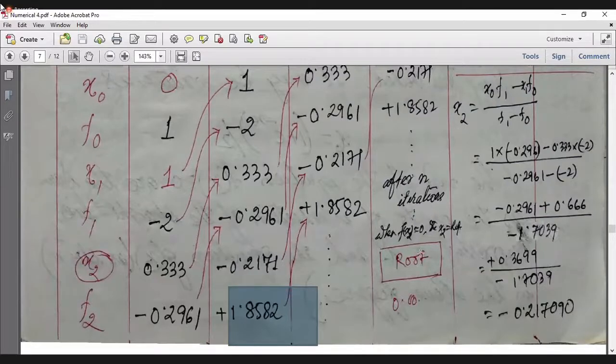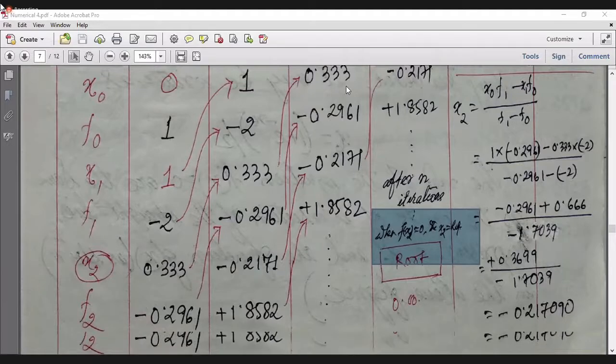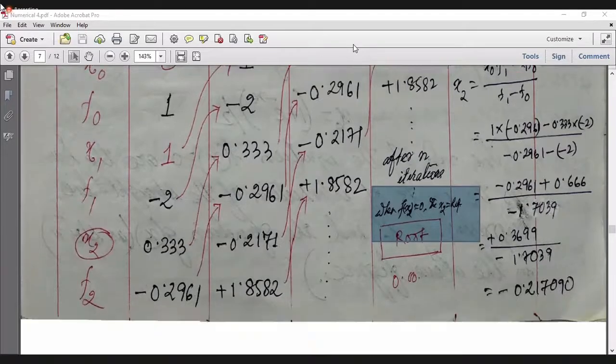When the value of f of x2 is almost zero, we can stop the iteration. This is the termination criterion given here: when f of x2 is almost zero, the corresponding value of x2 will be the root. Theoretically, this is the idea. Now, how do we implement this in Python? Let us come here again.